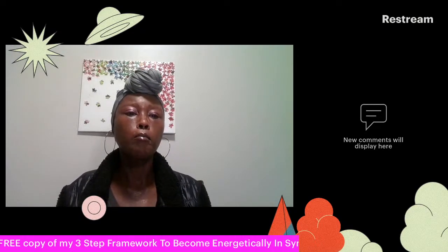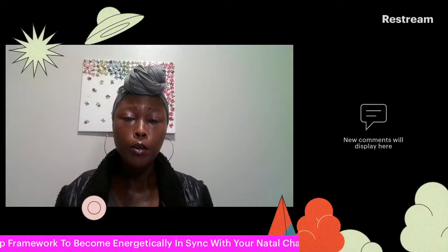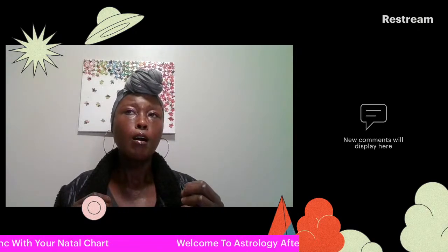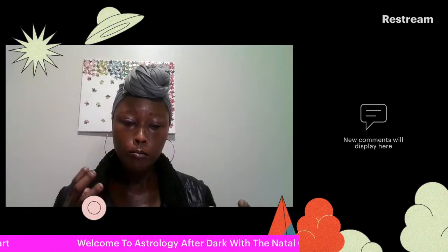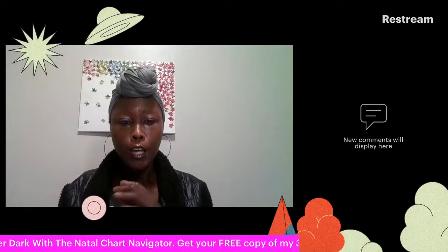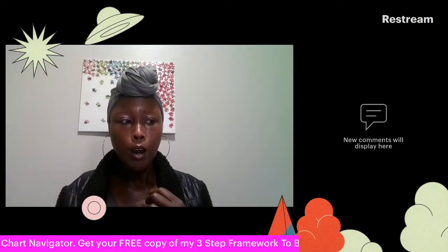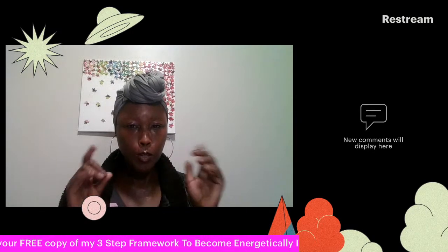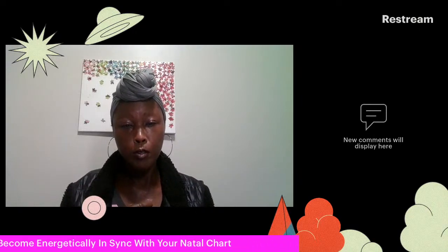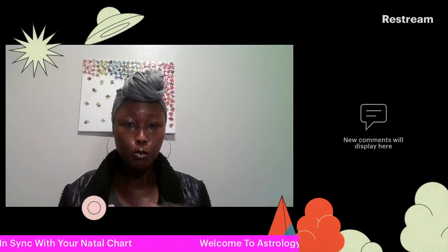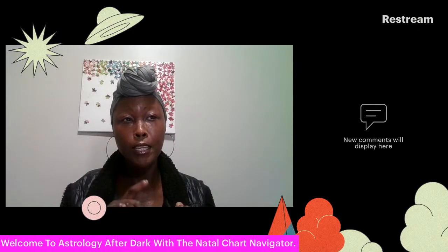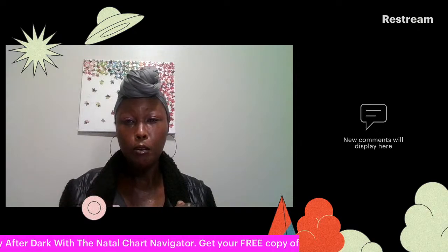And so where you have Pluto in your chart is where you can start your shadow work. Start embracing your shadow work. Start looking into those unconscious thoughts or unconscious things that may be going on within that house, and not just within that house, but also within the element.